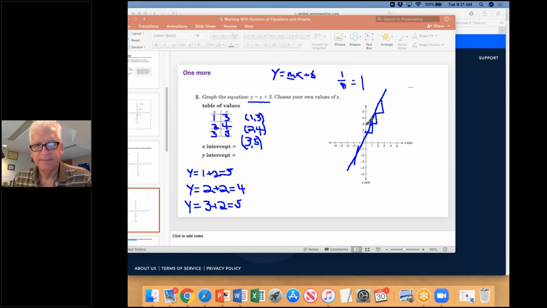And so you can start at any point and you pick the change in y and the change in x. Change in y, which is 1, up 1, over the change in x.